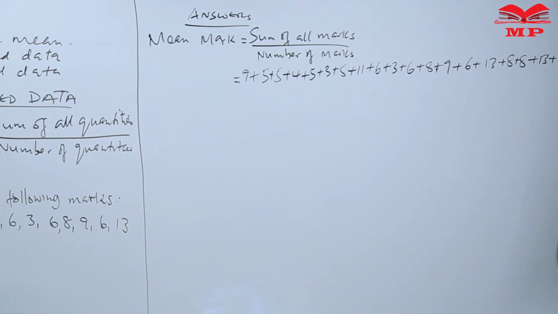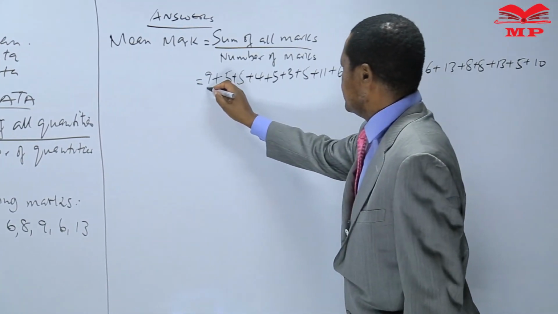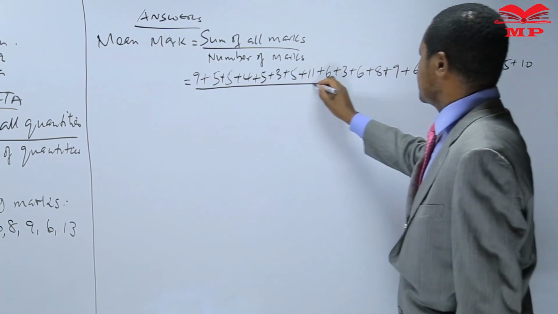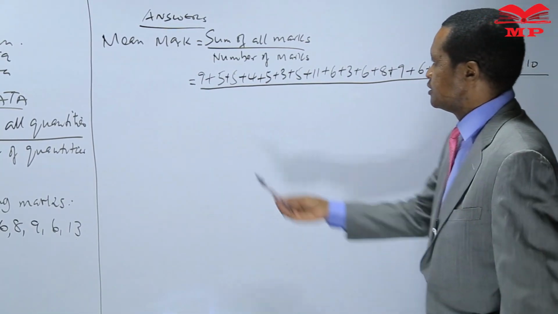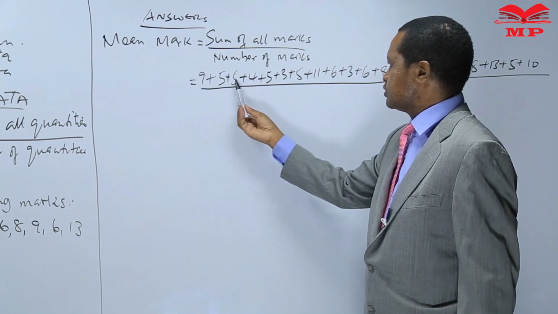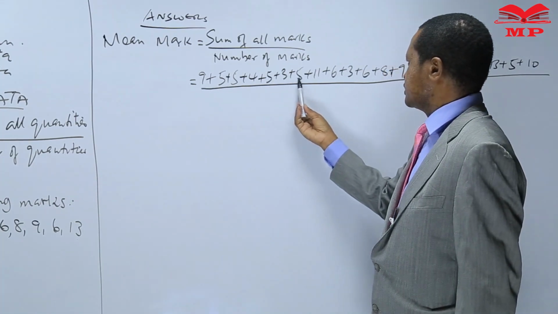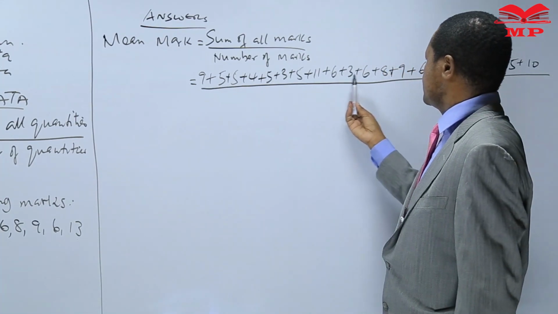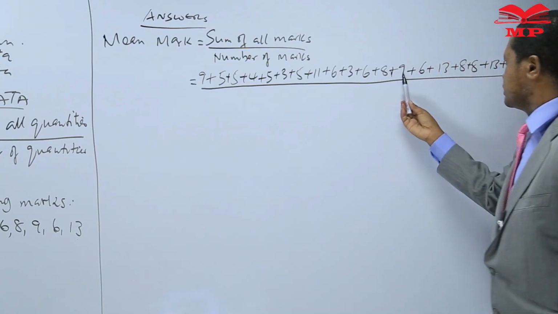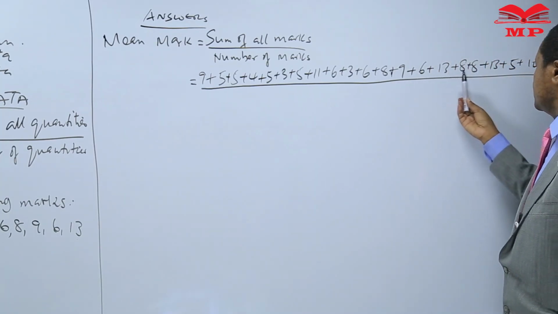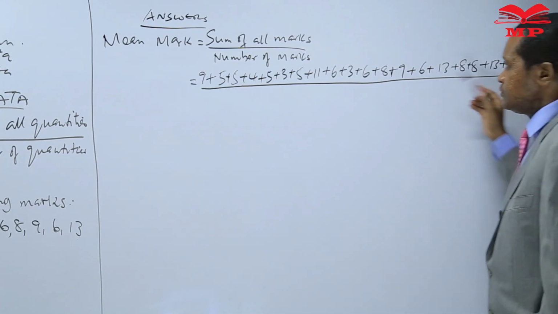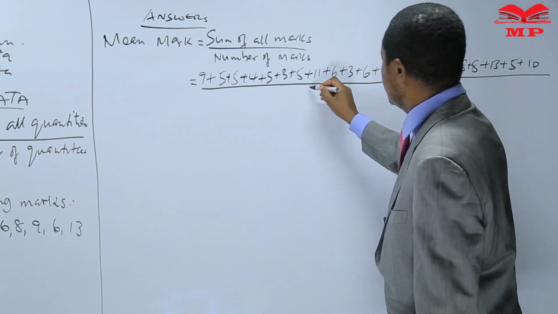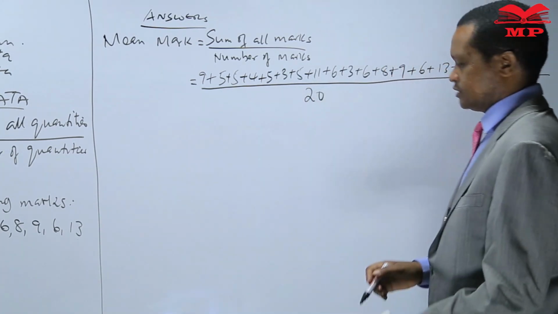Then we divide by the number of the marks. Counting: 1, 2, 3, up to 20. The number of marks is 20.